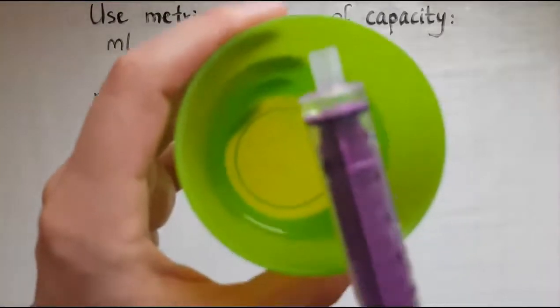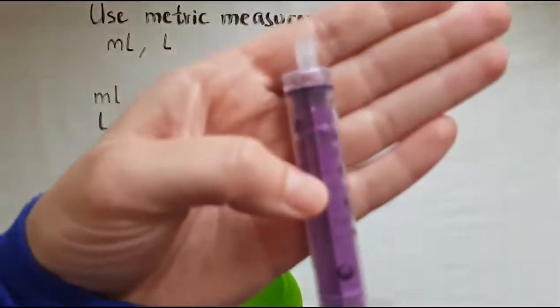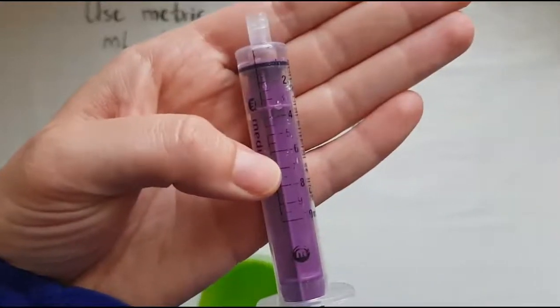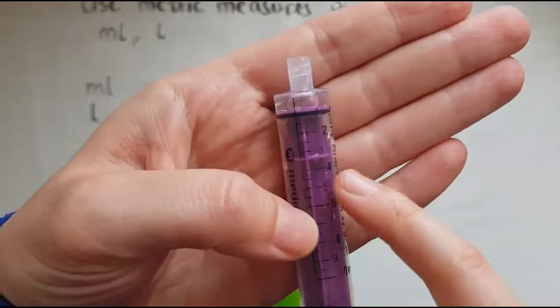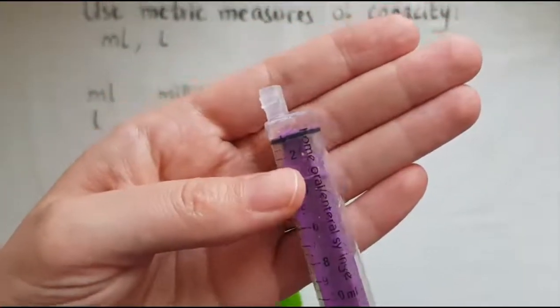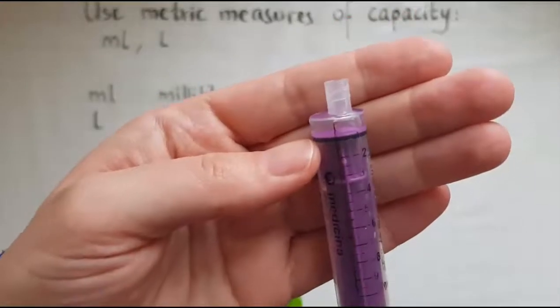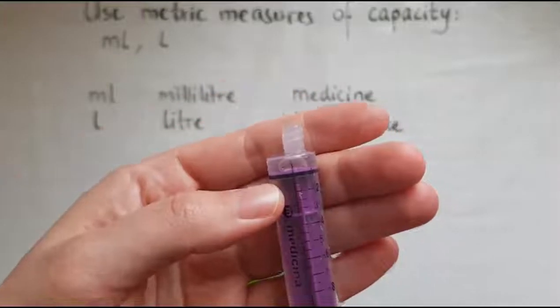So here is how much a milliliter is. There we have 1, 2, 3, 4, 5 milliliters. You administer medicine with this, and that is how much a milliliter is. So it's a really small amount, a milliliter.